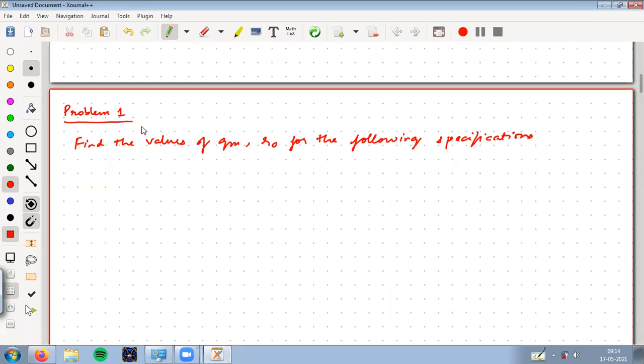So what is given? Kn prime is 200 microamperes per volt square. VA prime is 20 volts per micrometer. Length of the MOSFET is 0.4 micrometers. Overdrive voltage is 0.25 volts.